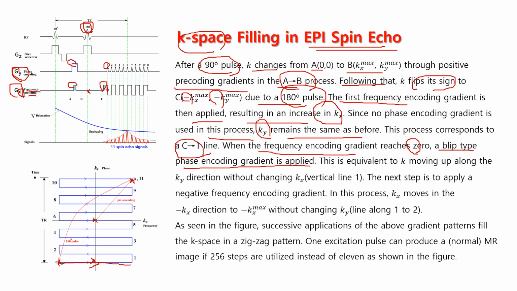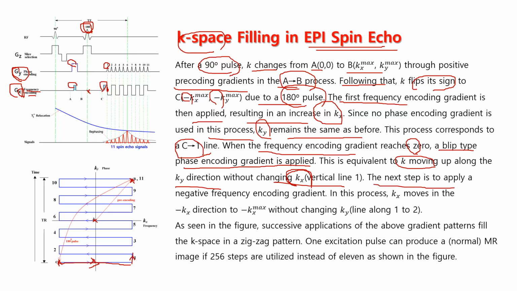That means Kx remains the same, but Ky will increase a little bit, moving in the positive direction. So this is equivalent to K moving up along the Ky direction without changing Kx. The frequency encoding gradient is 0, so no change in Kx. But due to this blip type phase encoding gradient, this line will go up.